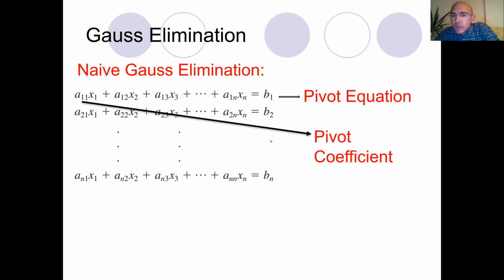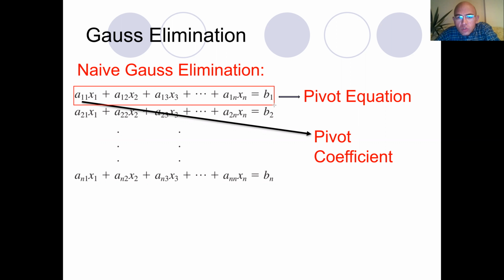So let's see how we do it. For example, we choose the first equation. In fact, the equation that we choose is called the pivot equation. And then we choose one of the variables, for example, x1.